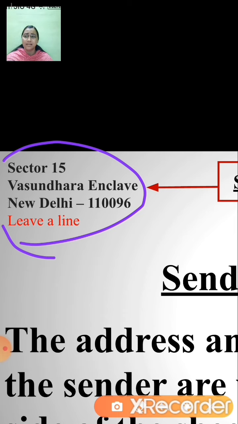After writing the address, you have to leave a line. I hope students you all have understood how to write the address. Now let us understand the next step, that is how to write the date in the formal letter.